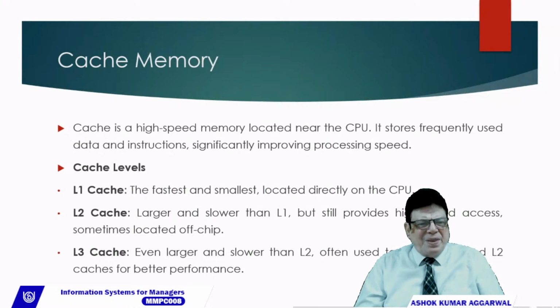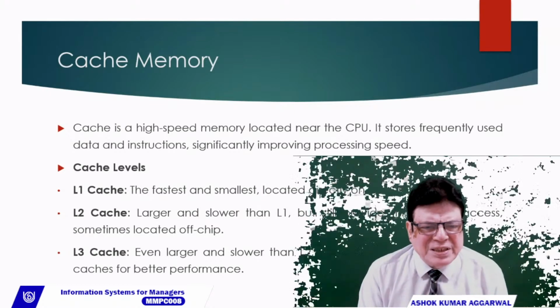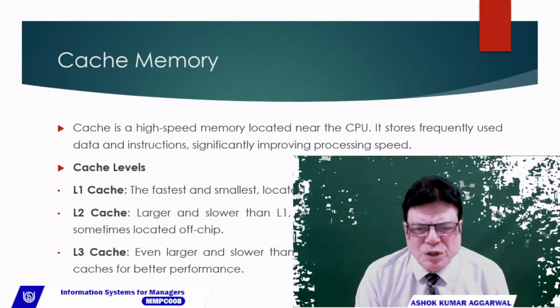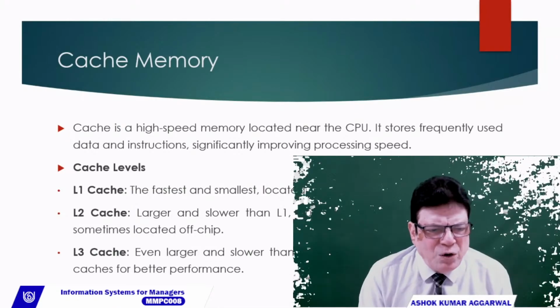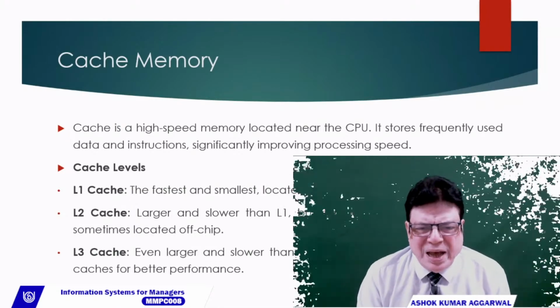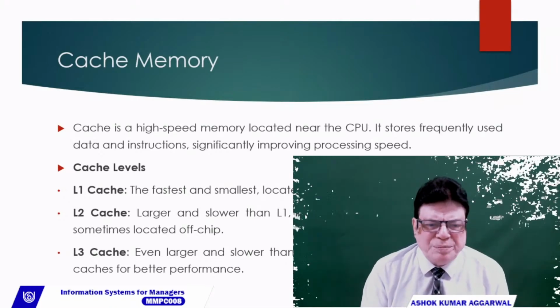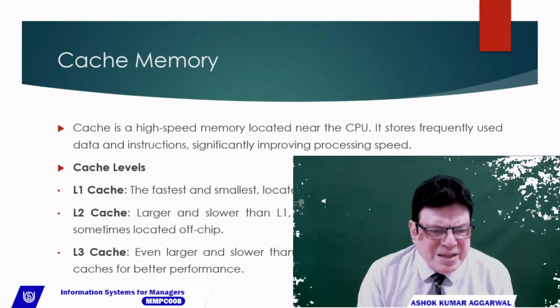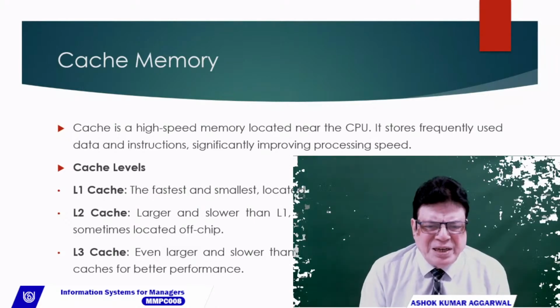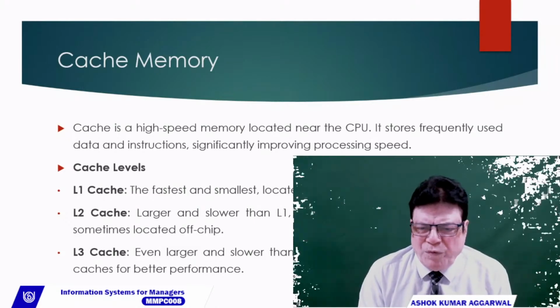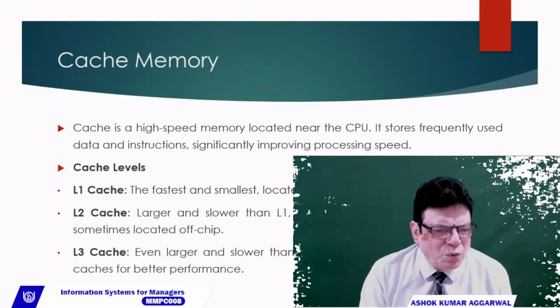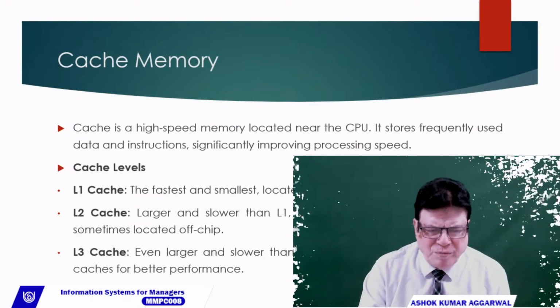L1 cache, the fastest and smallest, located directly on the CPU. L2 cache, larger and slower than L1 but still provides high speed access, sometimes located off chip. L3 cache, even larger and slower than L2, often used to support L1 and L2 caches for better performance.